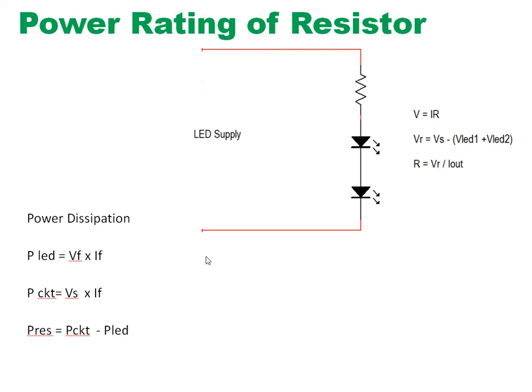From the total power dissipation, minus the power dissipated across the LED, is the power dissipation happening in the resistance. By calculating this value, we can find out the appropriate wattage rating for the resistance we have to select.